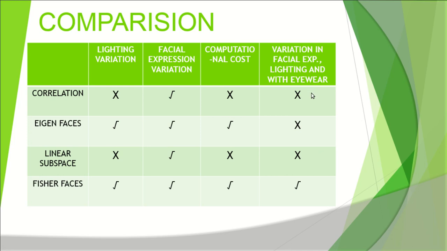Now we can see that correlation, eigenfaces, and linear subspaces do not perform well, and Fisher faces outperforms all the other 3. So based on this comparison, we see that Fisher faces perform well in most of the conditions. So for this project, Fisher faces was chosen as the correct method.